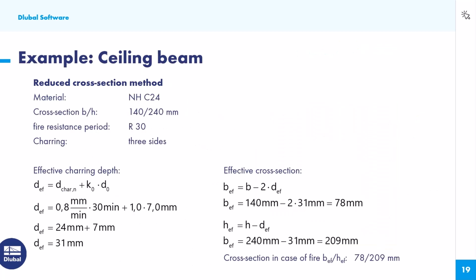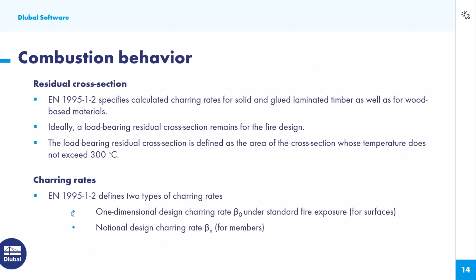Okay, that's it. Let's do a small example for this ceiling beam, which is softwood C24, 140 by 240 millimeters. The fire resistance period should be R30, and the charring should be on 3 sides: left side, right side, and the bottom side. So what we do is we calculate our charring depth, multiplying the beta_n factor from table 3.1.